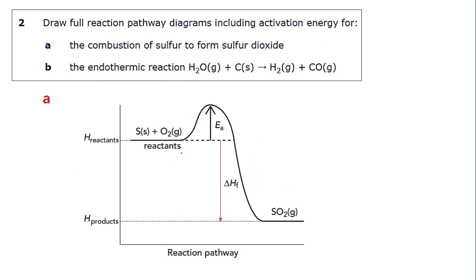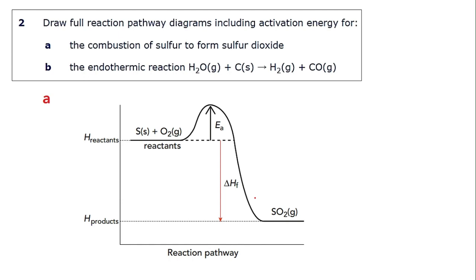We have the reactants at the top here: sulfur in the form of solid, its original state, plus oxygen in the form of gas. They have the combustion reaction and produce a product, SO2, and SO2 is a gas. So the activation energy hump we are going to have here. Two things are very important here: how we make the activation energy and enthalpy change lines.